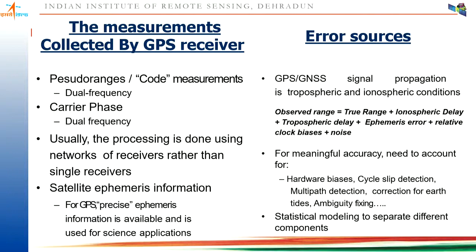The measurements the GPS receiver collects are the pseudo ranges, the code measurements, and the dual frequency carrier phase that we also receive.